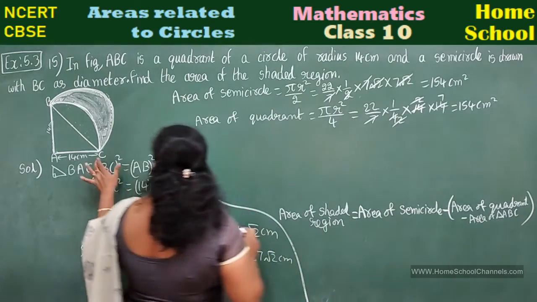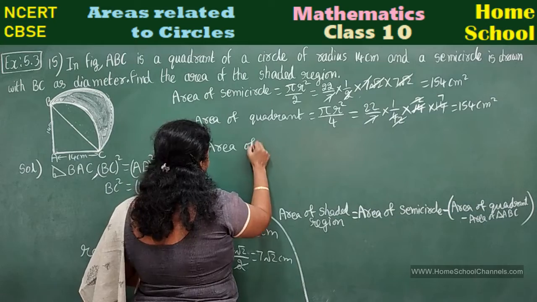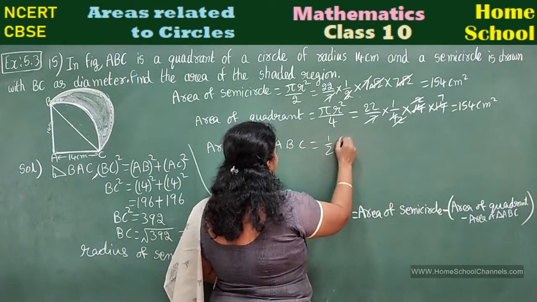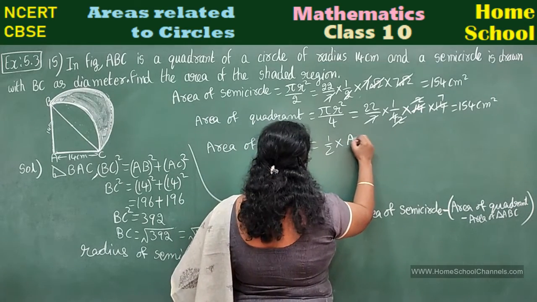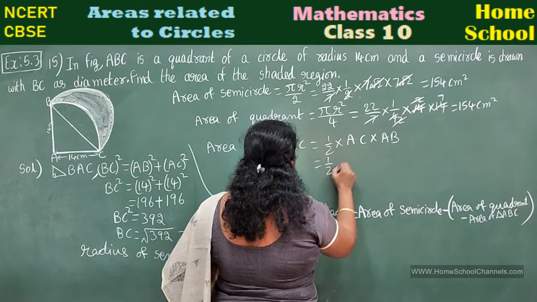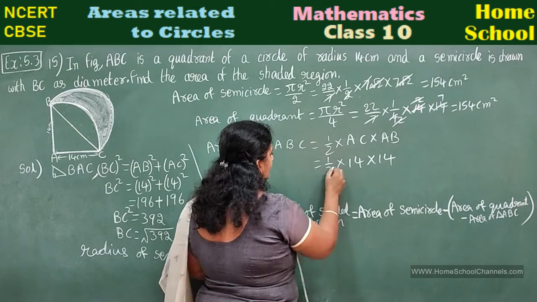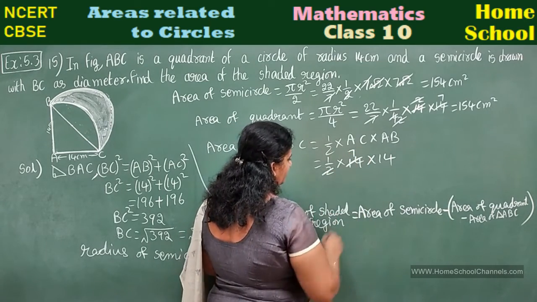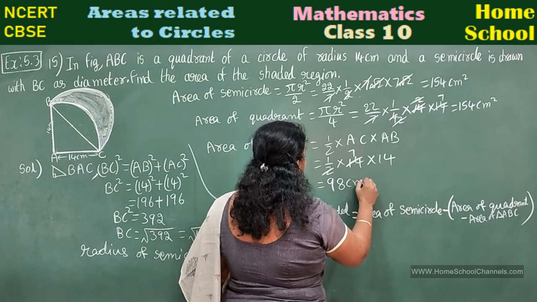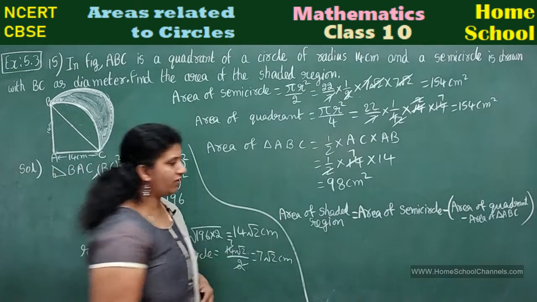Then again, what do you need to calculate? Area of triangle ABC. Half into base, which is AC, and height AB. Half into base 14, height also 14. 2 7s are 14. 7 14s are 98 centimeter square.